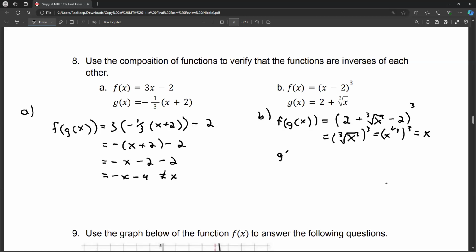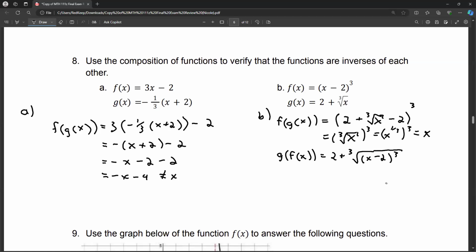Next, we want to double check: if I plug f into the function g, will we get the same result? The output is x. So our g function is 2 plus the cube root of x, where I'm going to plug in x minus 2 cubed.